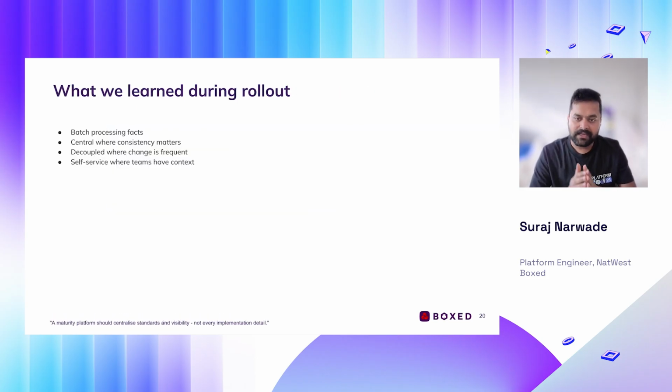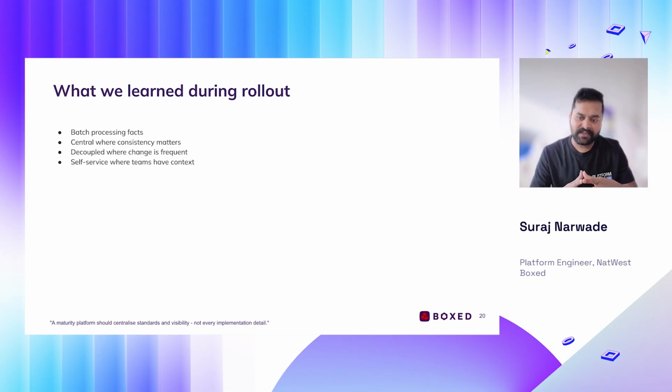For me, this is the bigger platform lesson. Centralize the things that need consistency, like standards and visibility, the checks and fact retrieval, and decouple the things that change often and belong closer to the teams, like the collection logic we talked about. That is how you avoid turning the platform into the bottleneck.